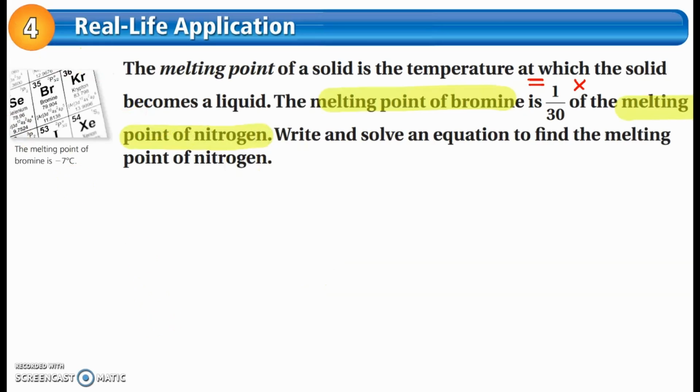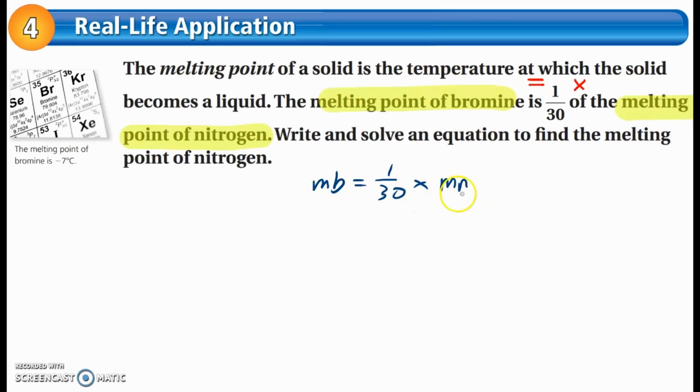All right, I'm going to write that out the way we had it here. Melting point of bromine, I'll just call that MB, is 1/30, of means times, the melting point of nitrogen.